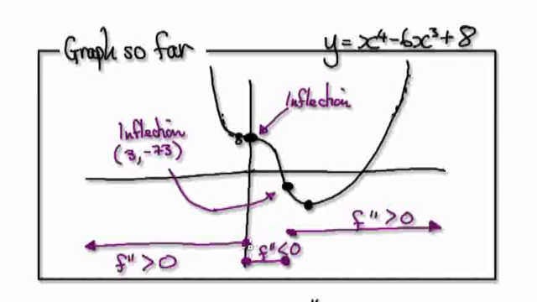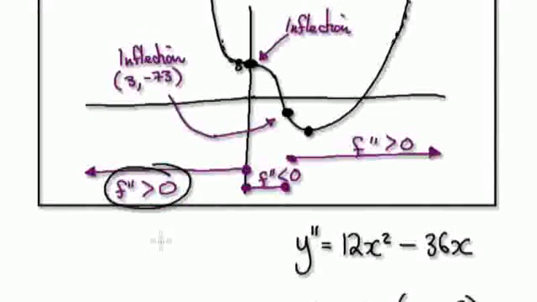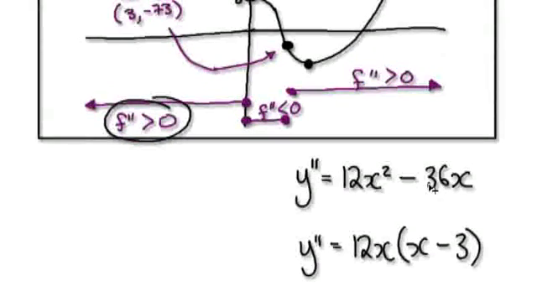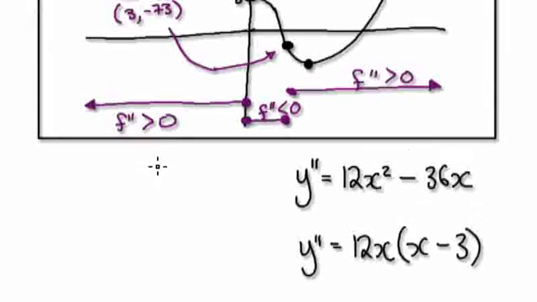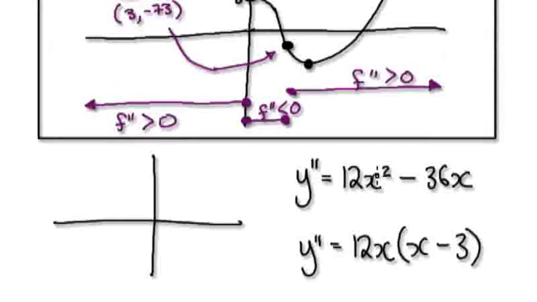In this region here, I'm just going to zoom through this. f prime will be greater than 0. By looking at this, you can sketch it. When x is big, it wants to do a positive quadratic.